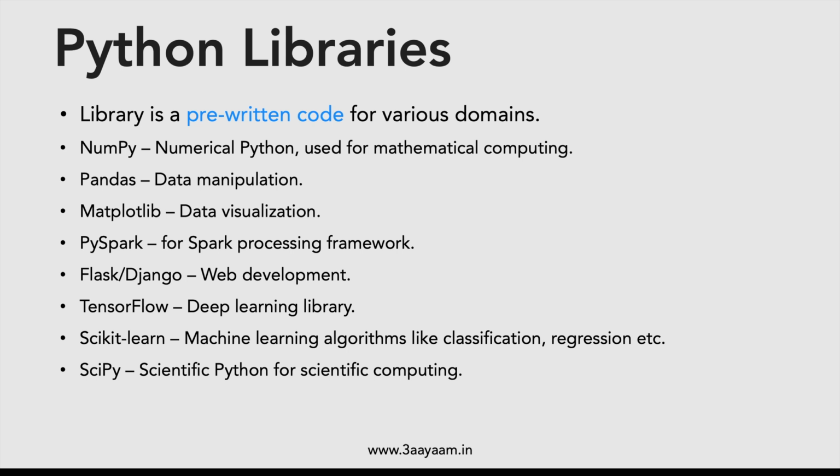Then you have libraries like Flask and Django, which are used for web development and backend development. We can create microservices using Flask. Then we have TensorFlow, which is a very popular library for creating deep learning models. Then you have scikit-learn, which is used to create machine learning models using algorithms like classification, regression, etc.